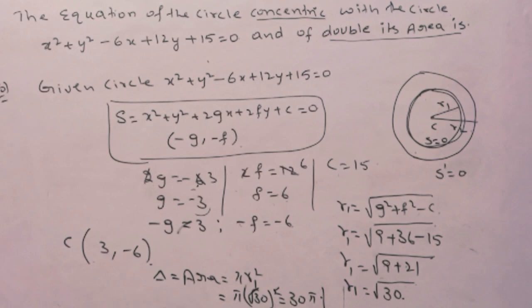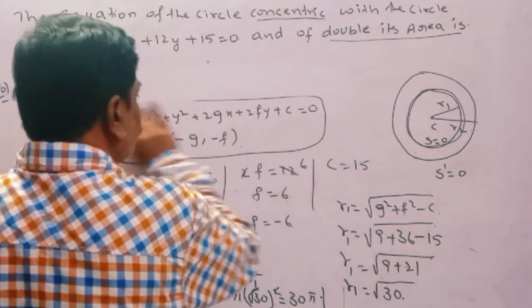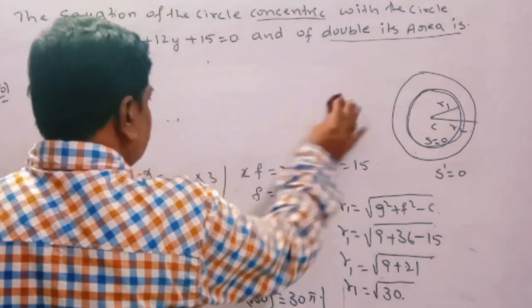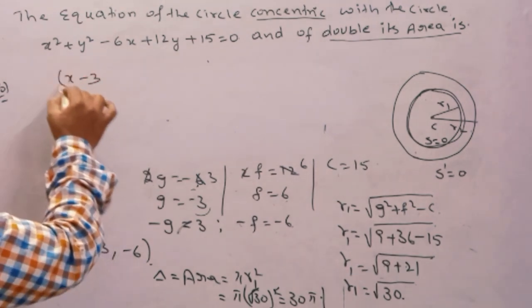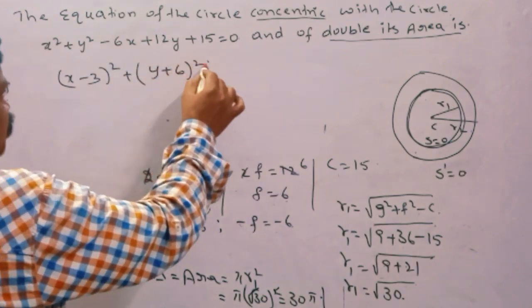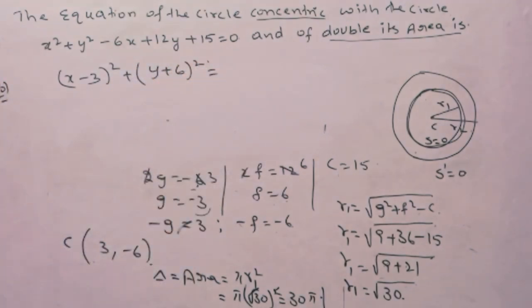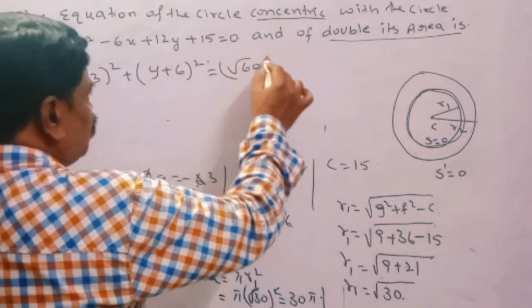Then what is the circle equation? The required circle equation is x minus 3 whole square plus y plus 6 whole square equal to r2 square, that is root 60 whole square.